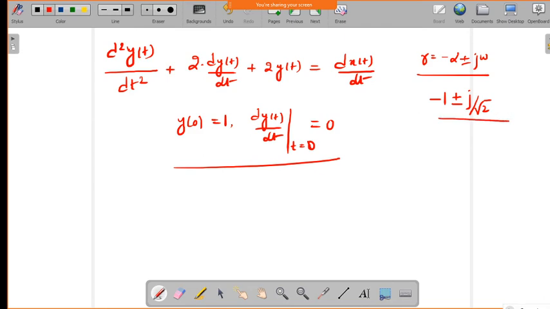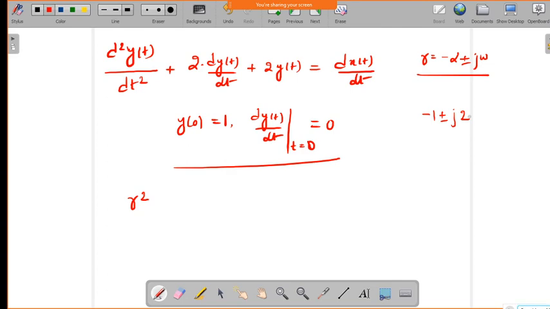Are the roots correct? What is your differential equation? Minus 1 plus or minus 2j. Is it minus 1 plus or minus j into 2?